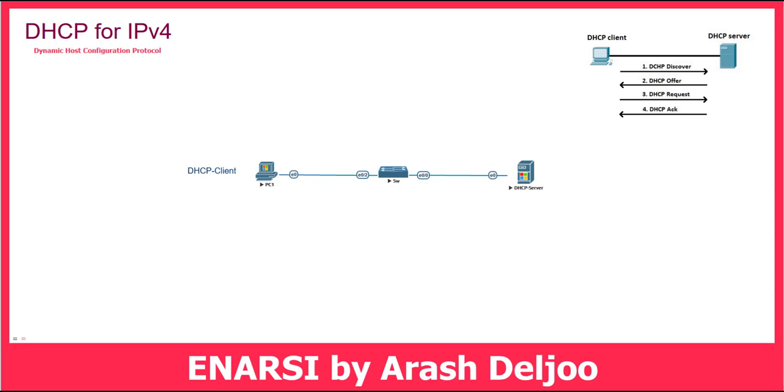The way a DHCP client initially communicates is by sending a broadcast message, that is the DHCP discover message. When PC1 is booting, it should first find the DHCP server, but it doesn't have any IP address. How can we find the DHCP server without any address? We send one broadcast message.